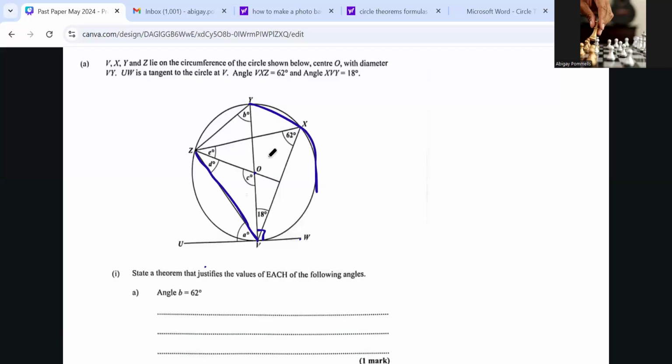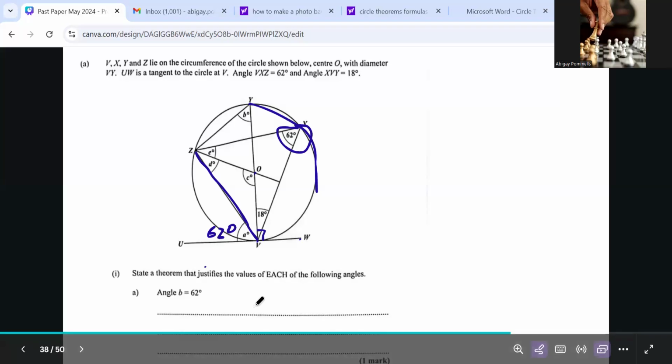So the angle in the alternate segment is this 62. So A is going to equal 62 degrees. Why? Let me type that.